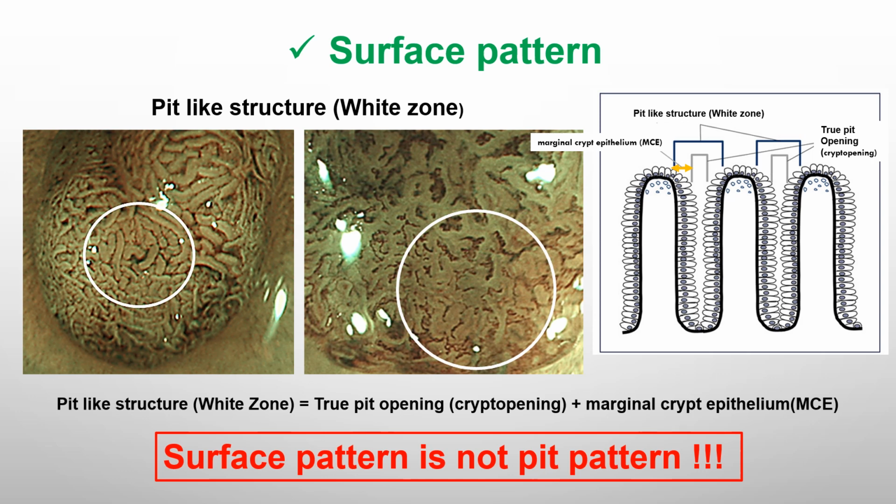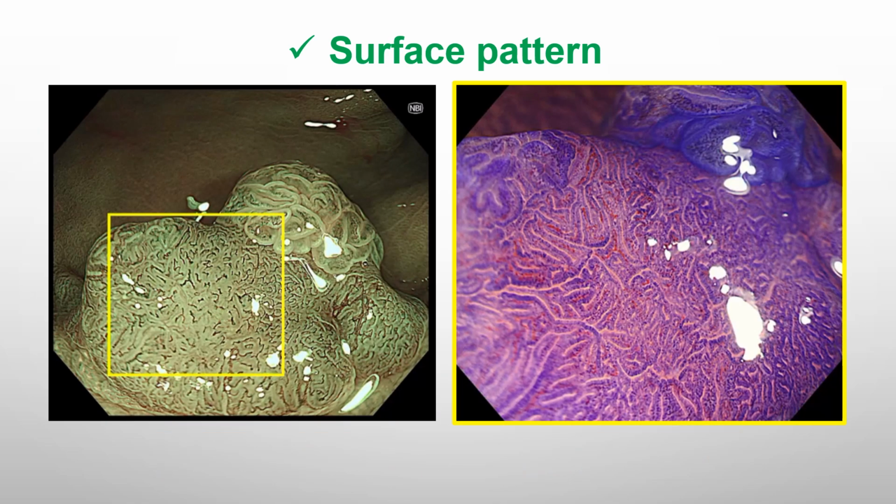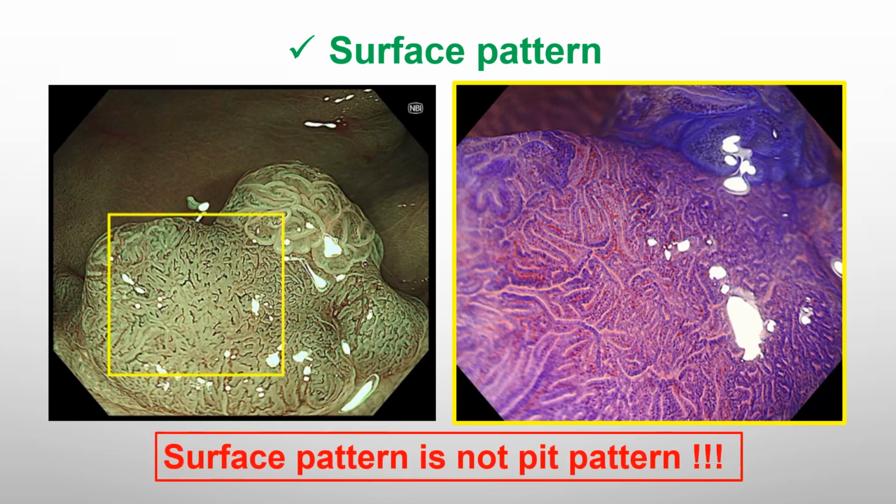Surface pattern is not pit pattern. The surface structure seen in the left NBI image is different from the pit structure seen in the right crystal violet staining image. Surface pattern is not pit pattern.